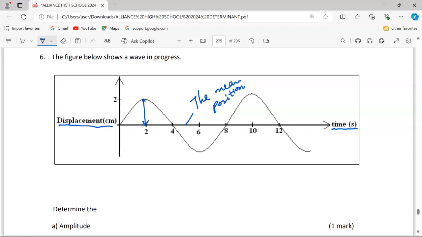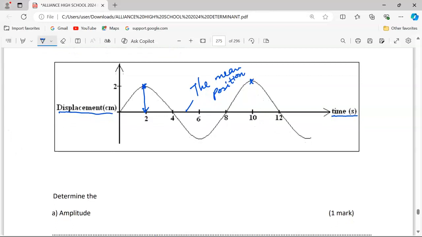A complete oscillation is between two particles which are in phase. For instance, from this crest until we meet a crest again, that is from 2 seconds all the way to the 10th second. Therefore, there is a time interval of 8 seconds.